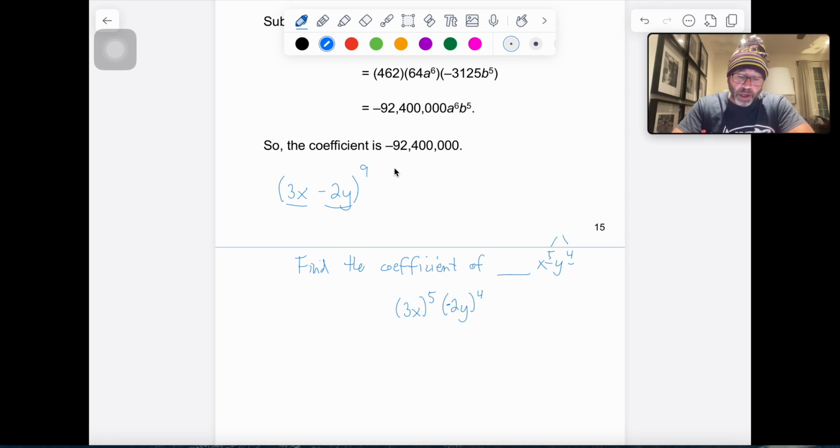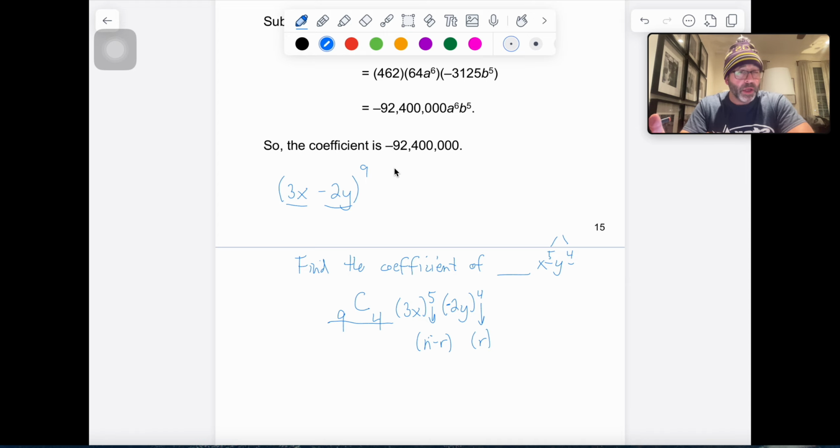Okay. For the coefficient here, remember that this portion right here is going to be n minus r, and this is my r right here, right? So that means there are 9 total terms, C, and remember the r is 4.